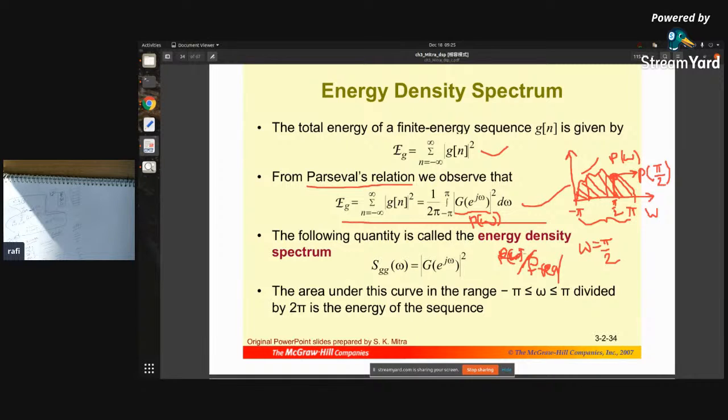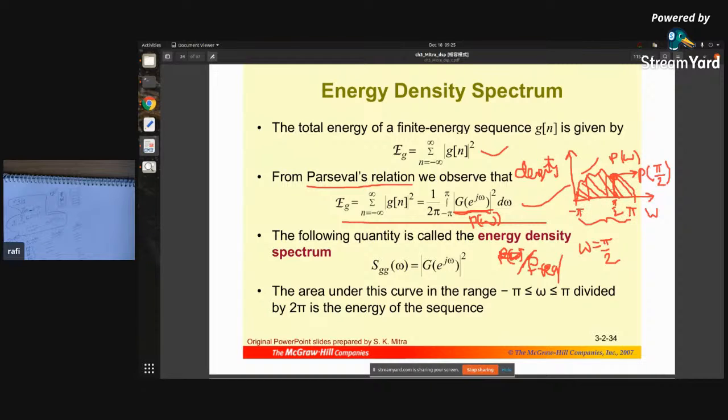p of omega is the square of this magnitude. So per single frequency you are calculating the square. We call this a density plot, where we measure how densely these values are packed.